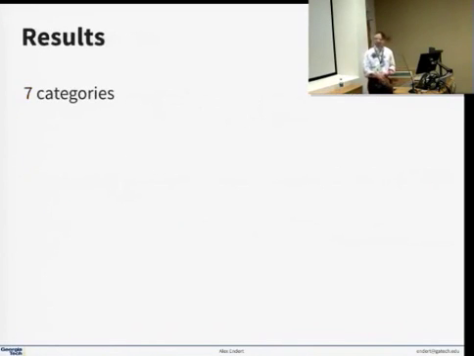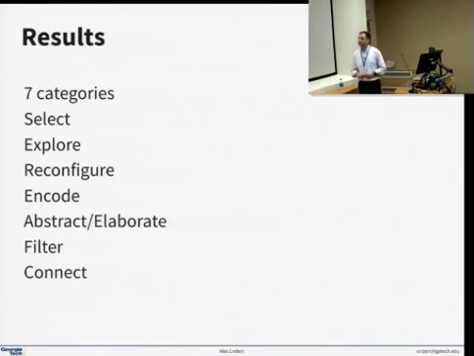And so now we're going to walk through the 7 categories of the results that they have, and I'll show little demonstrations of each of them. And again, these are the low-level operations that people can do. We're going to build up to the higher-level things that people can do a bit after this.